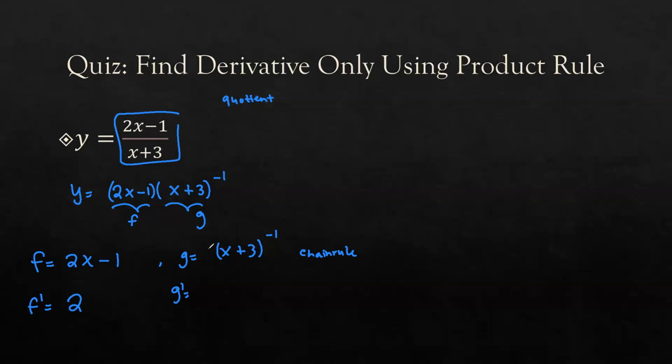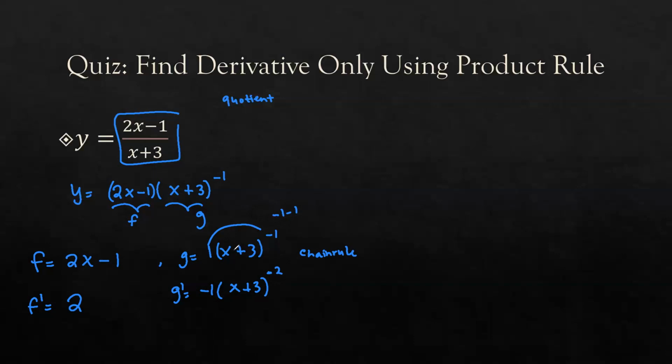If you apply the power rule, this has a coefficient of 1, so you multiply 1 by the power, which is negative 1. Leave the parentheses alone for right now. The new power is negative 1 minus 1, which is negative 2, because that is how you do the power rule.